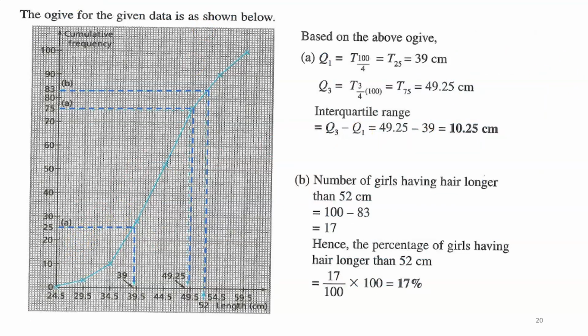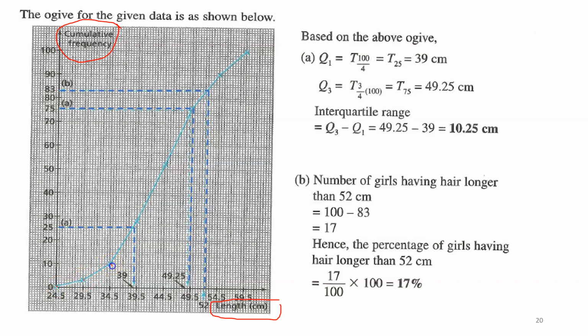So, see? Over here. Wait, I couldn't see my cursor. So this is cumulative frequency. This is length. Length ni actually dalam bentuk upper boundary. Kalau kamu tengok dia ada 0.5, 0.5, 0.5. Okay. So you start with 24.5. Mark dia dekat situ.